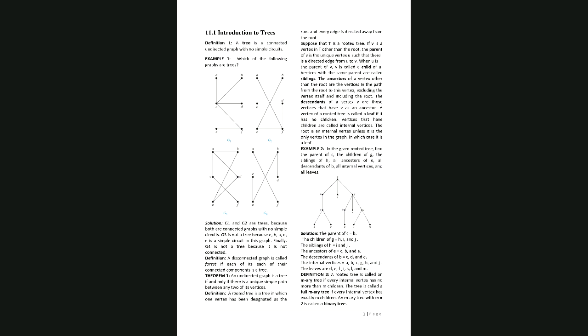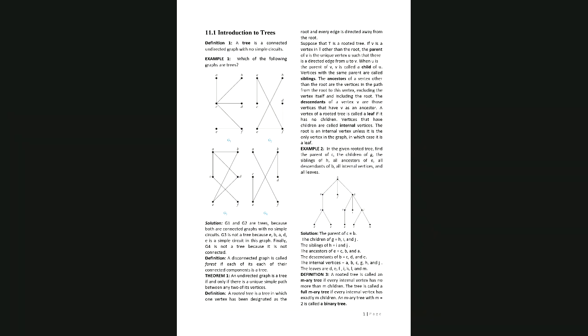See here, a tree is a connected undirected graph with no simple circuit. According to the definition, we have to check three things. Number one, the graph must be connected. Connected means juz wahid in Arabic. Part one, juz means one part.